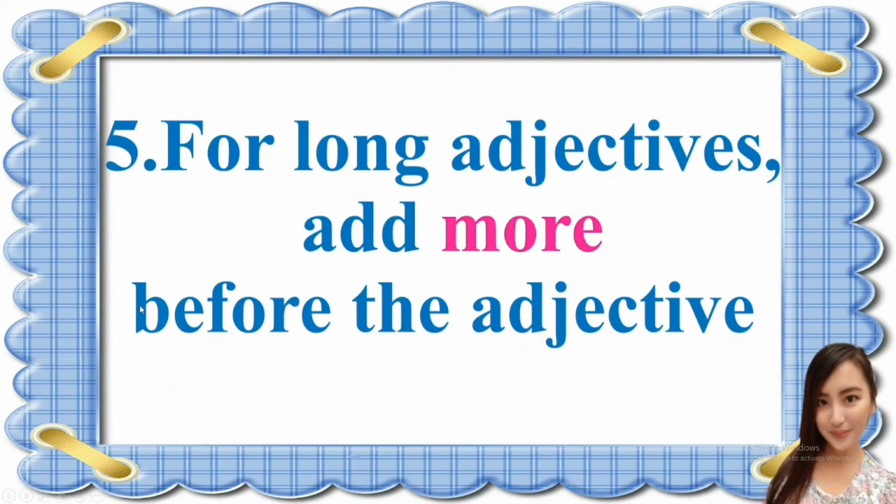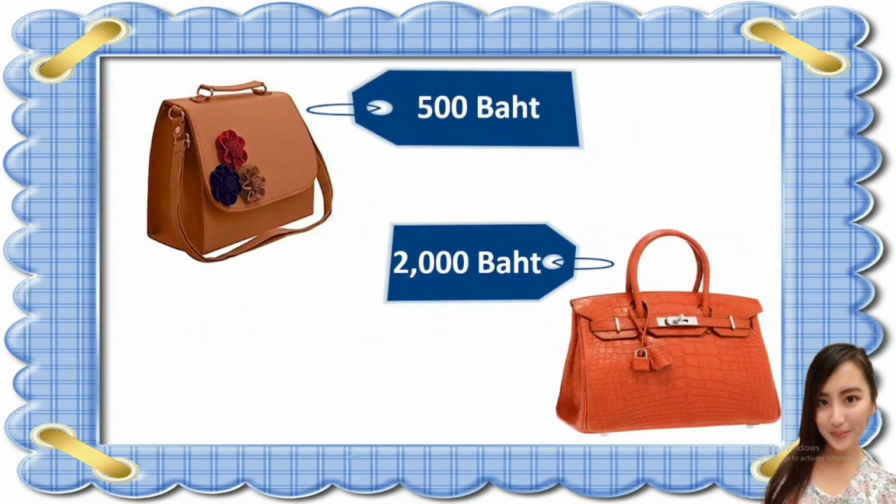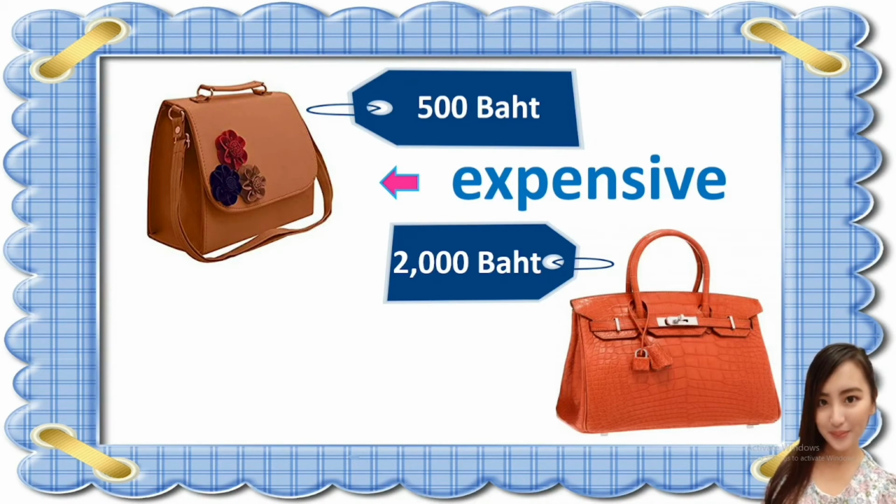Next, for long adjectives, add more before the adjective. For example, we have 2 bags. The first one costs 500 baht. This one is 2,000 baht. So this one is expensive.